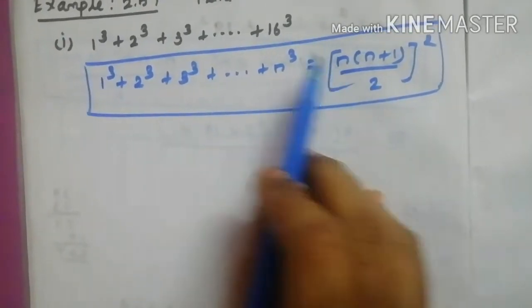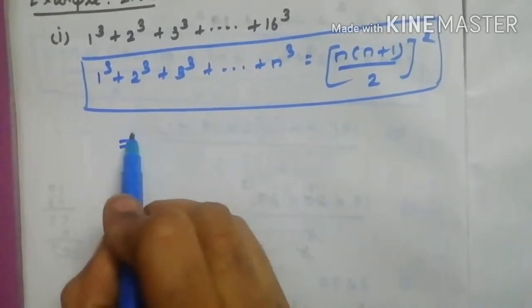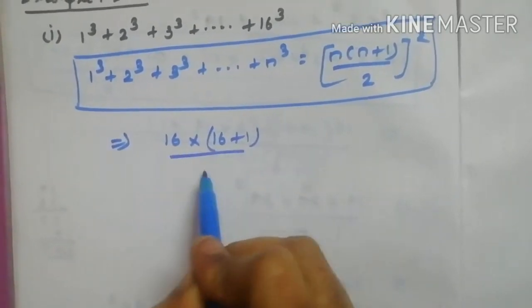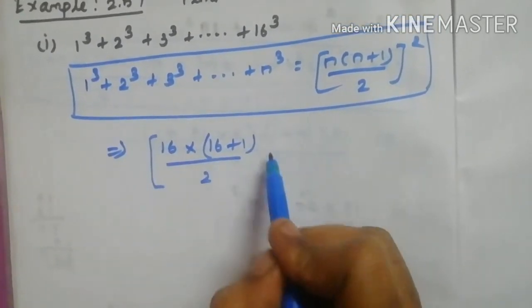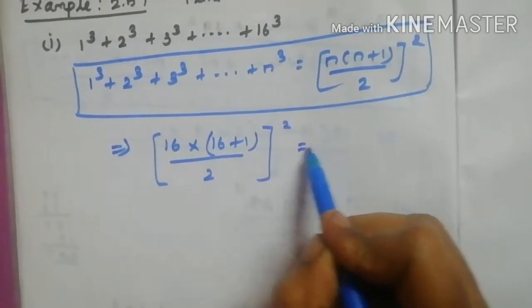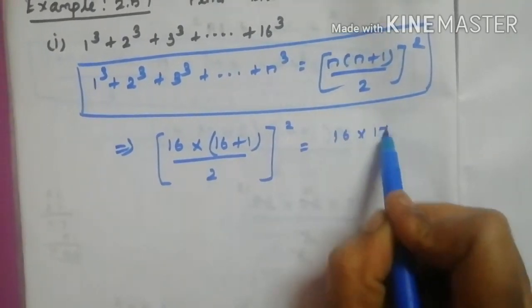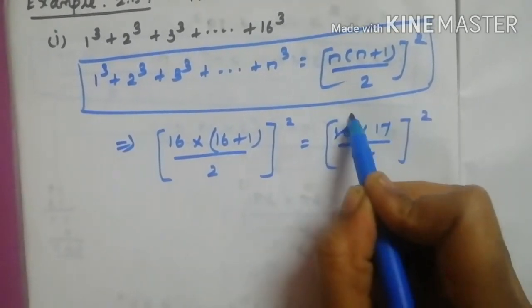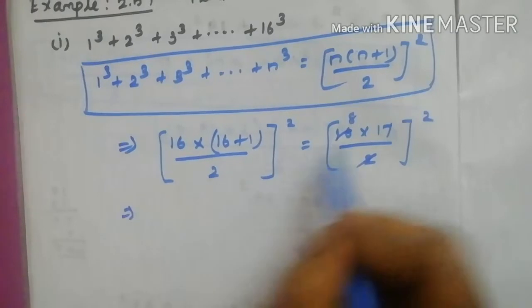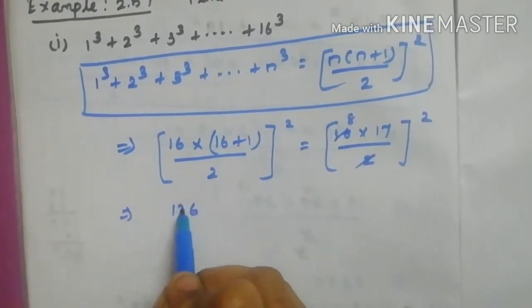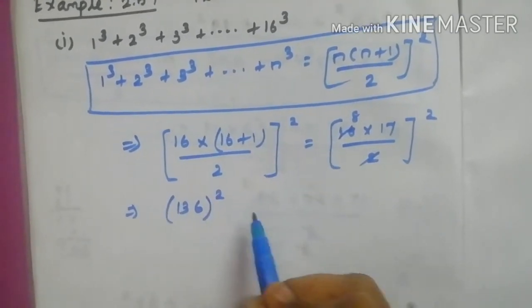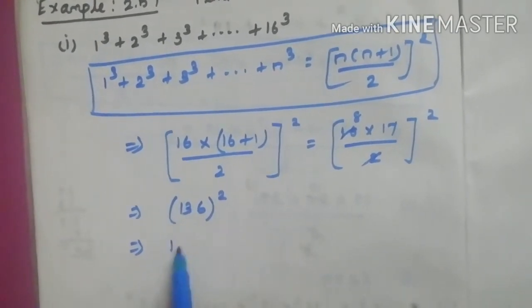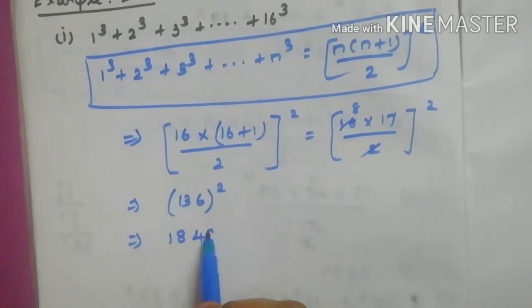Here instead of n we apply 16. So 16 into 16 plus 1 by 2, the whole square. 16 into 17 by 2, the whole square. It cancels to 8 into 17, which is 136. 136 square, that is 136 into 136, is nothing but 18,496.